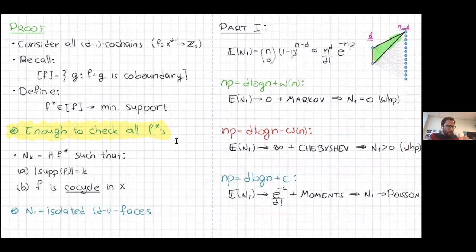But this part is relatively straightforward. It's just moment calculation, which can take some space, but the second part is the heart of the proof. So, very much like the graph, for the isolated faces we have the phase transitions that we want. And now the second part would be to prove that there's nothing else except for isolated faces.